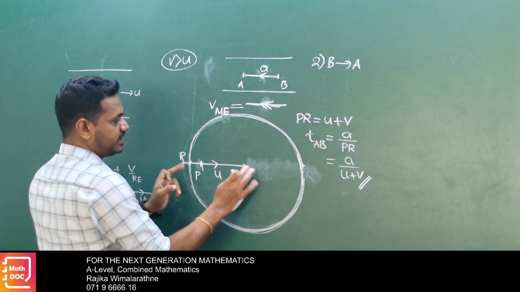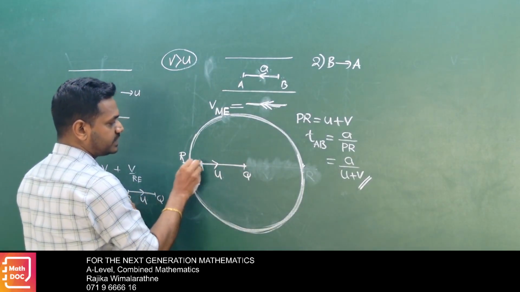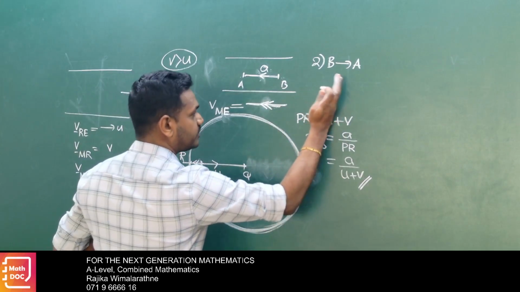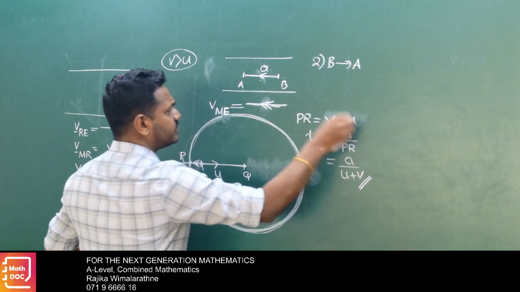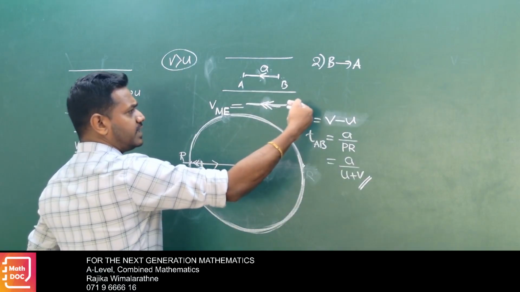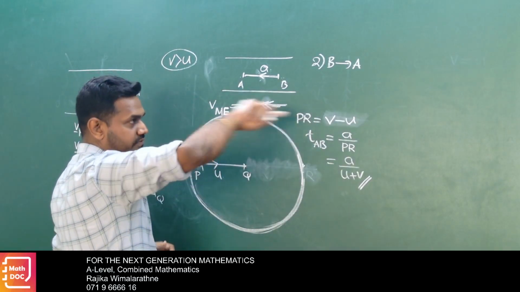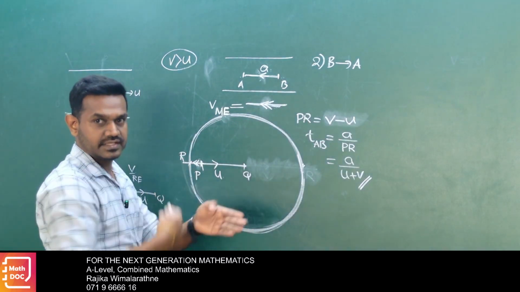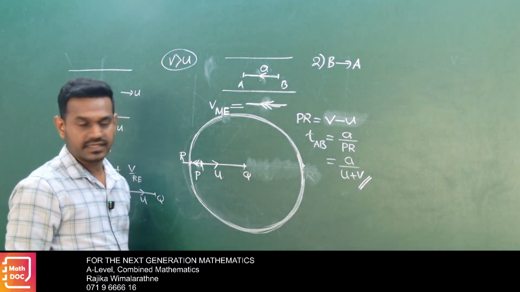Then here radius V, magnitude V, the resultant only this part, that PR will be V minus U, no? V minus U. Now we know he can swim upstream V, but down velocity of the river U. Then opposite directions, V minus U will be the resultant.